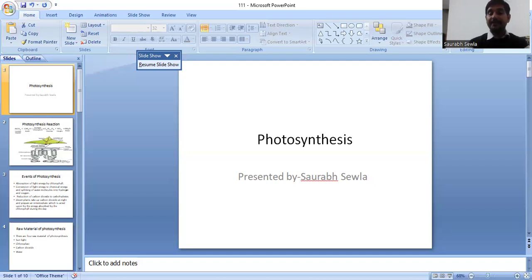It was again decolorized by the ethanol, and we put the iodine drops on the leaf surface. The area on the leaf which is green shows the blue color, otherwise no blue color. So it also shows chloroplast is necessary for photosynthesis. The activity is very simple, and this is one of the important activities as per the CBSE pattern.